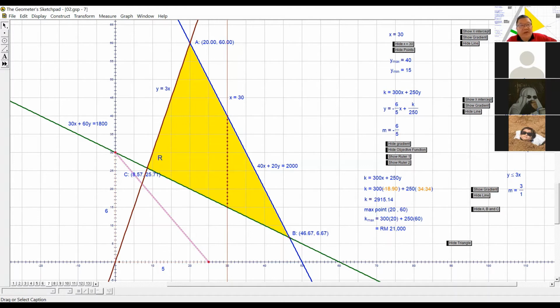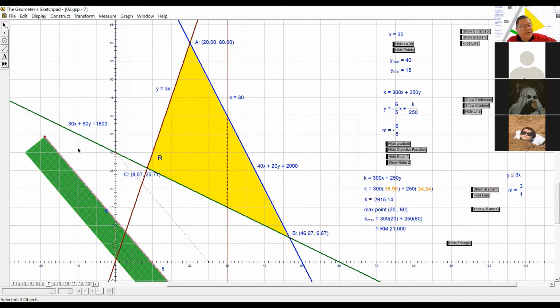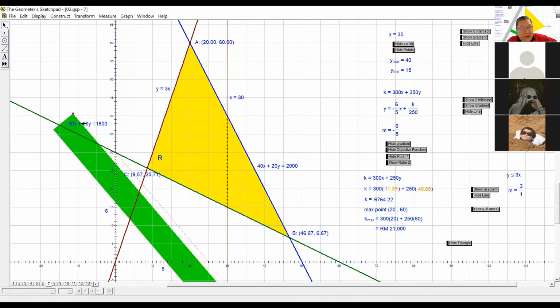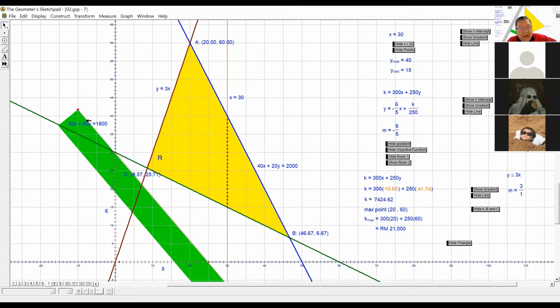I draw the objective function, and I'm going to maximize or minimize it. How to maximize or minimize this objective function? You use the first ruler. You place it exactly on the line, not tilted. Place it exactly on the objective function.